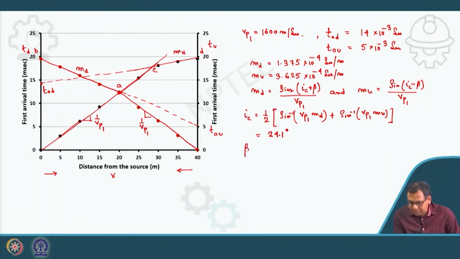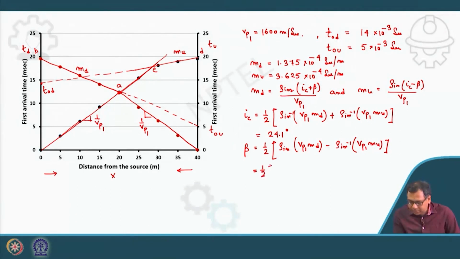Okay, and beta, the expression is half of sine inverse of Vp1 md minus sine inverse of Vp1 mu.